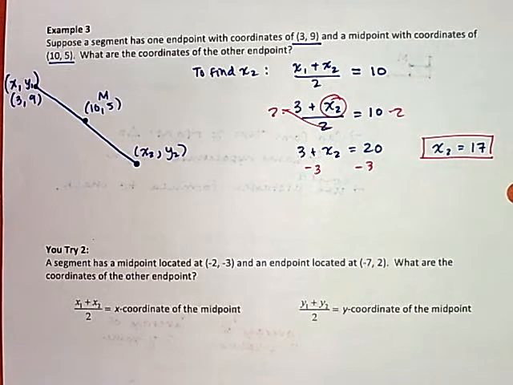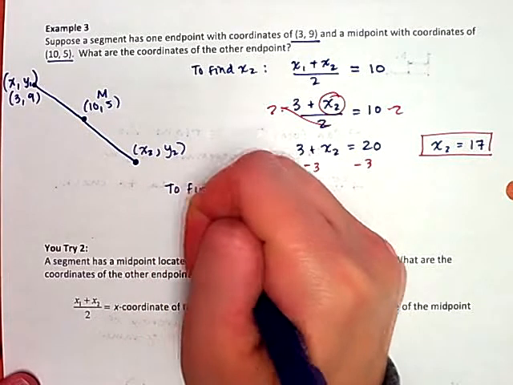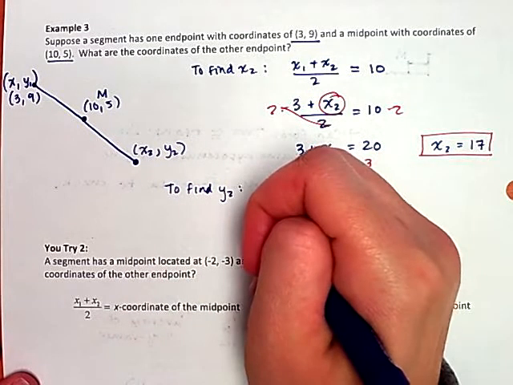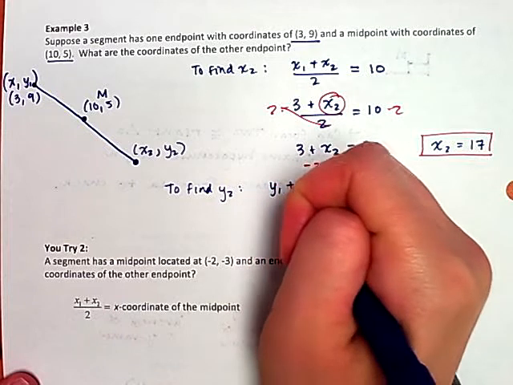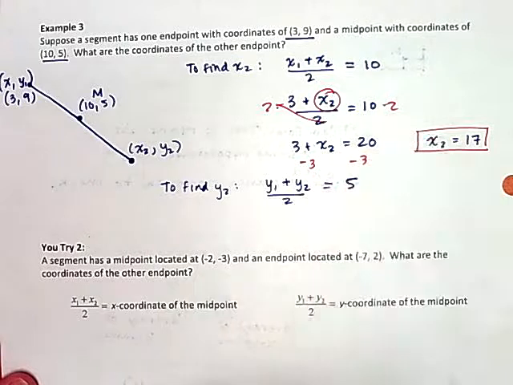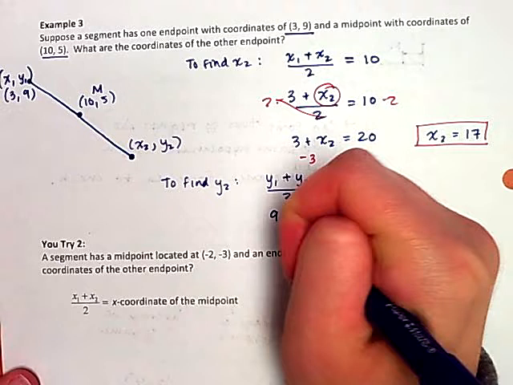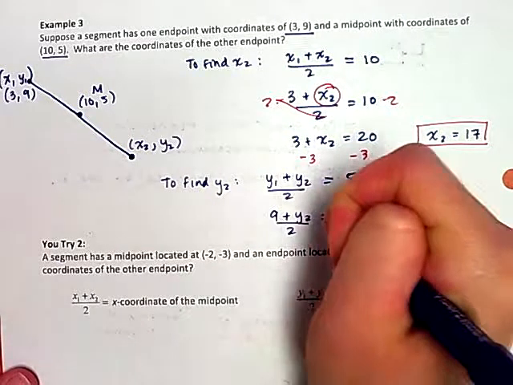Same idea to find y2. I'm going to use y1 plus y2 over 2 and set that equal to the y value of the midpoint, which is 5. And I'm also going to plug in for y1, 9. So we have 9 plus y2 over 2 is equal to 5.